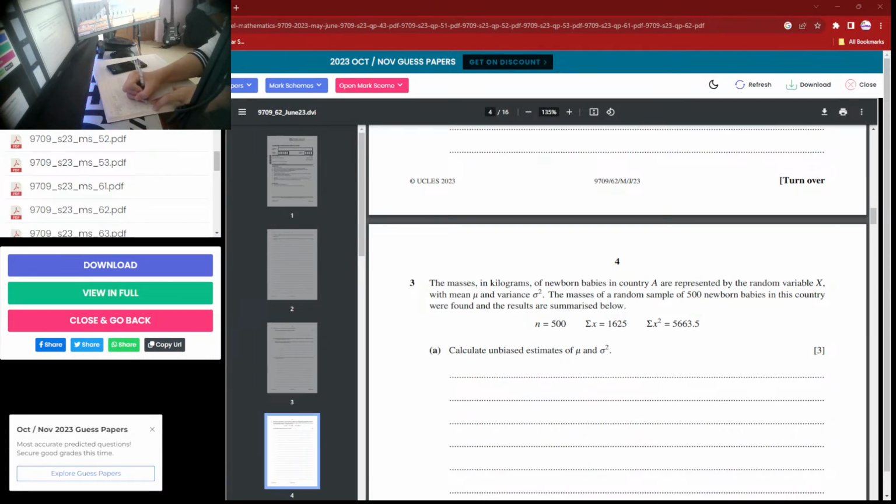So for this one, you would do mean is equal to sum of x over n. That's it. Which is 1625 over 500, which gives you 3.25.